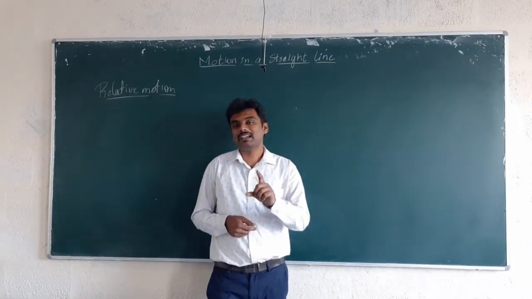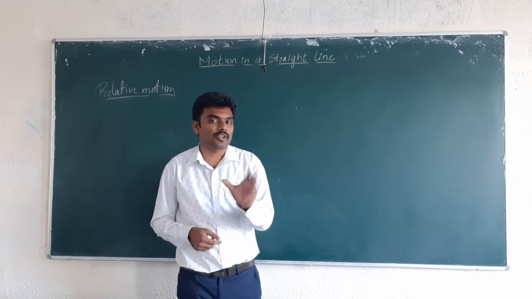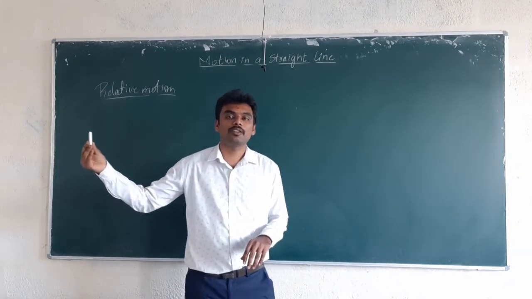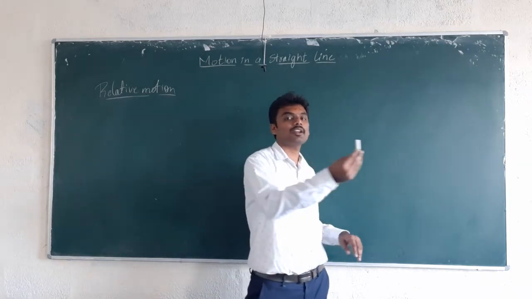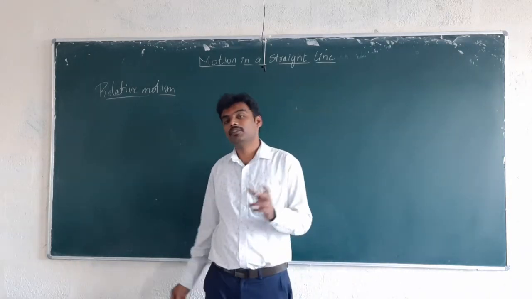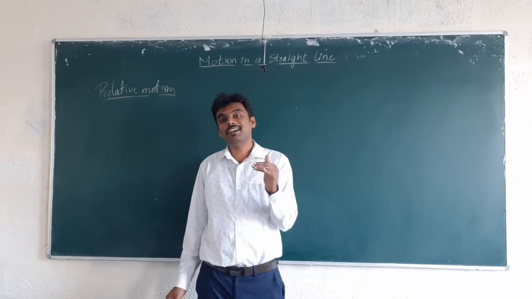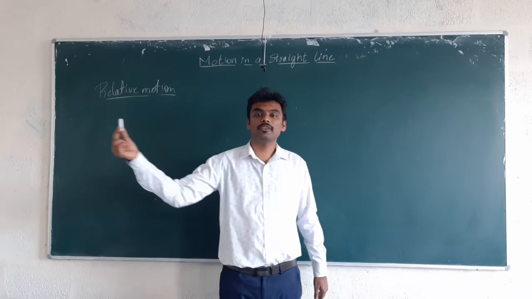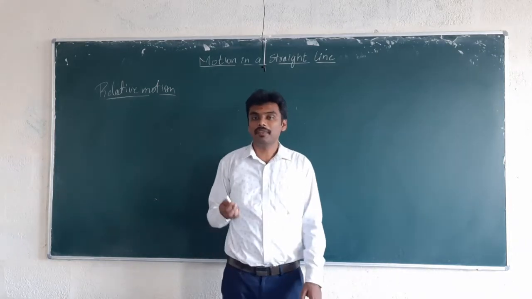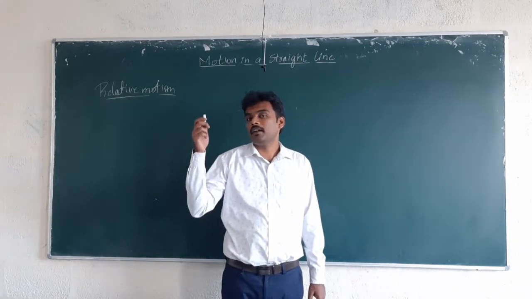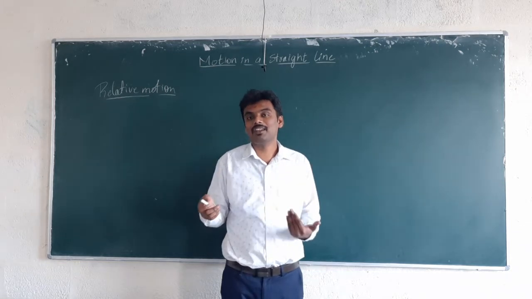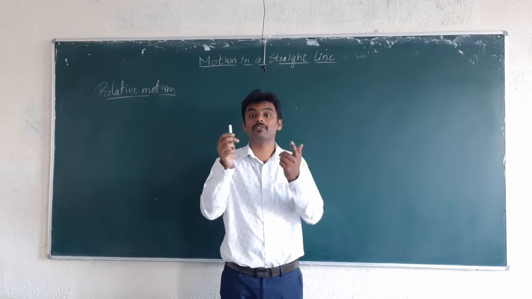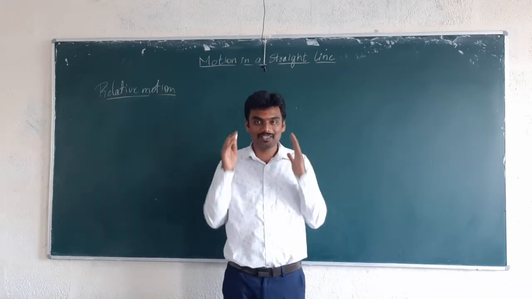And when I say a body is moving with 10 meter per second, just as an example, that means we are restricted. See, when I say this chalk piece is moving with 10 meter per second, then I am stationary with respect to ground, and my eyes which are observing this motion are also stationary.